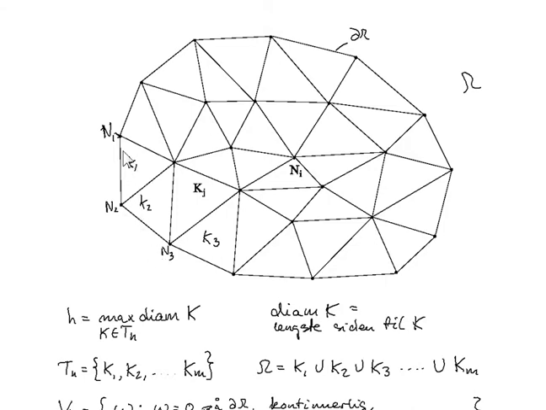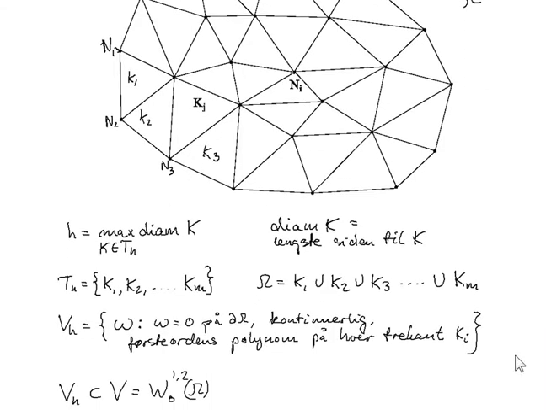How to count this is maybe different for different cases. Note now that omega, the whole domain here, is just the union of all these triangles.